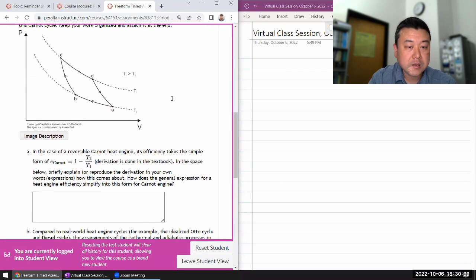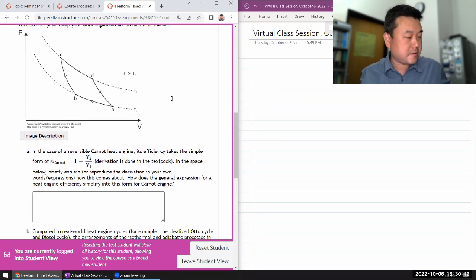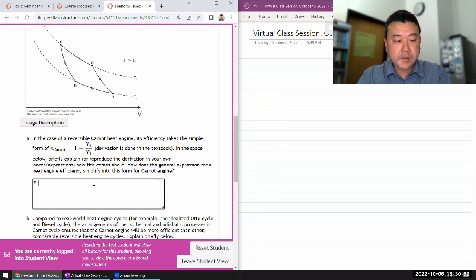Okay, I think I've demonstrated this in the lecture. I actually did it backward. We started out with the efficiency of a heat engine, which in general is given by efficiency equals work done divided by the heat transfer at the high temperature.